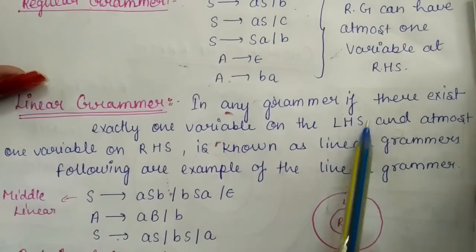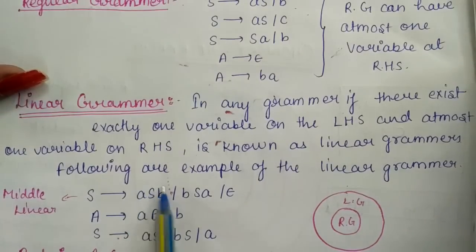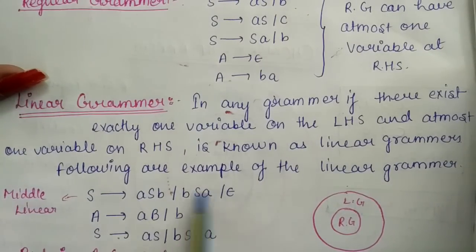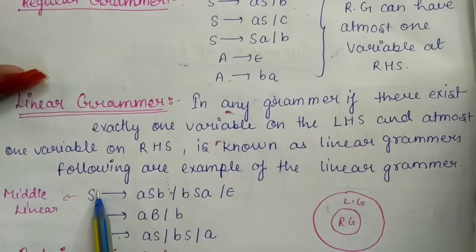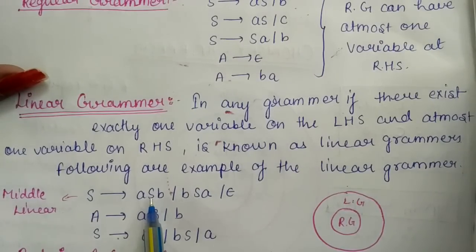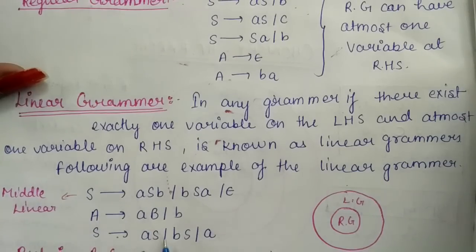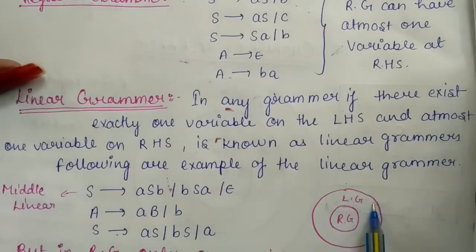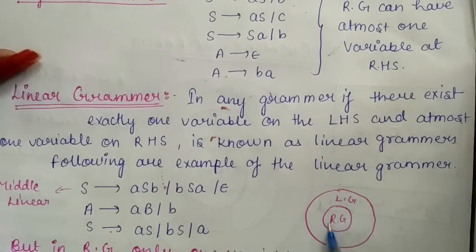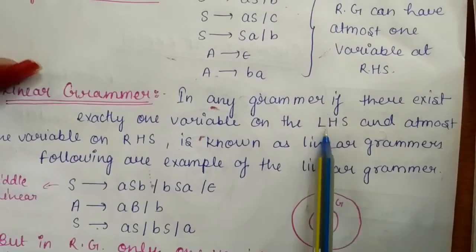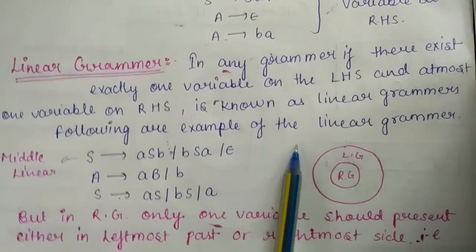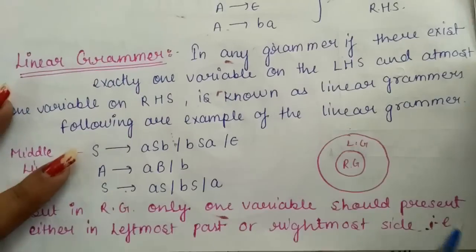Linear grammar means you can have A to B, B to A. You can have this also, which is known as middle linear because we have the repetition in the middle. This is known as right linear, and this is also right linear. So in regular grammar we have only left linear and right linear, but we don't have middle linear grammar.